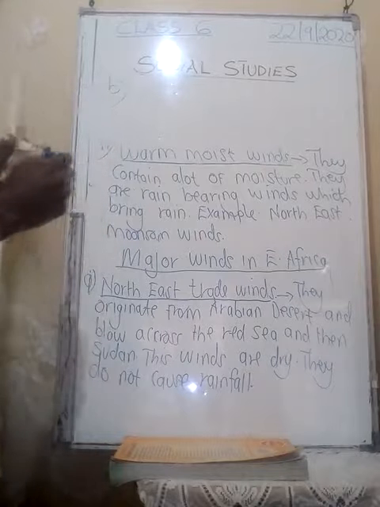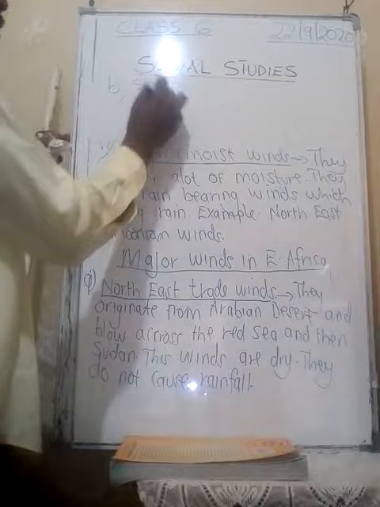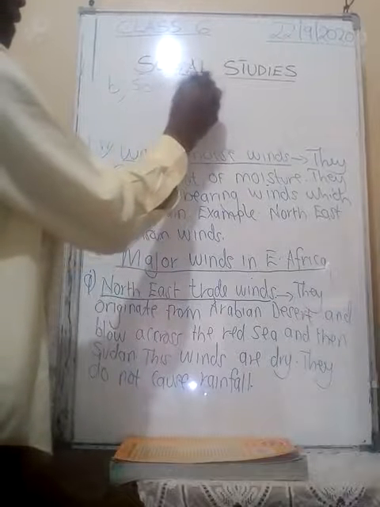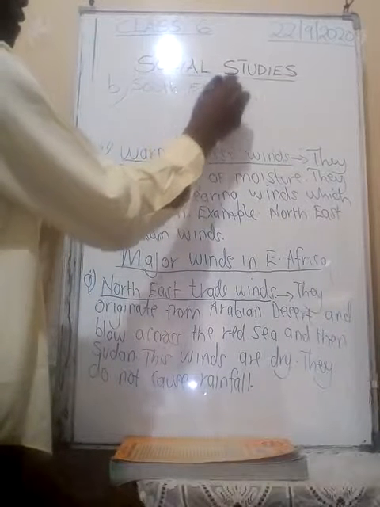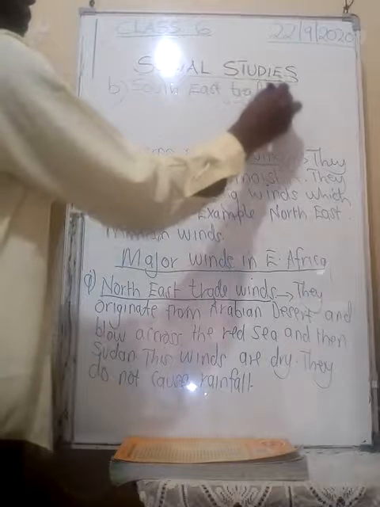The last of the major winds in Eastern Africa is the southeast monsoon wind. This was A. Now B, we are calling the southeast trade winds.